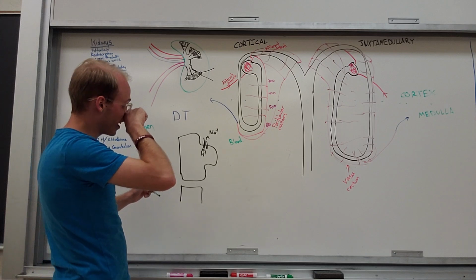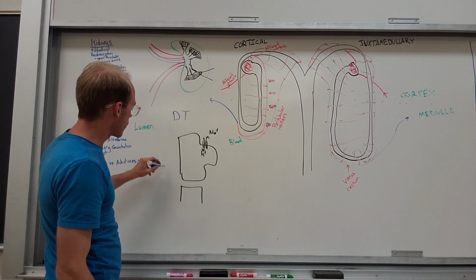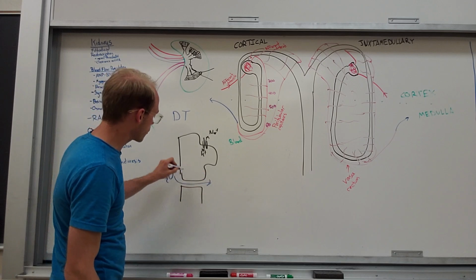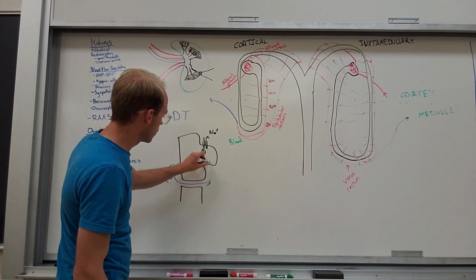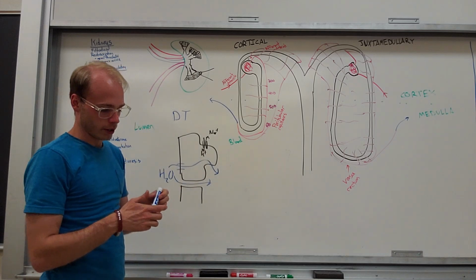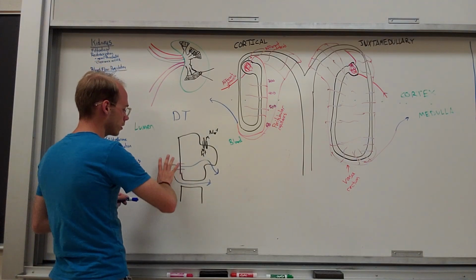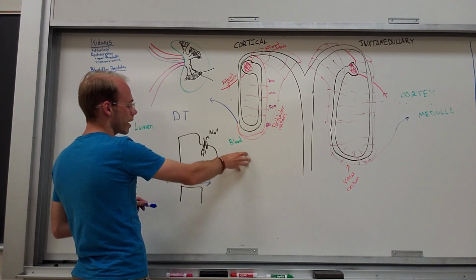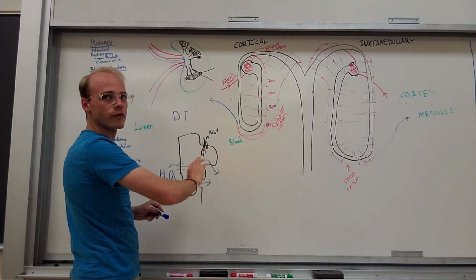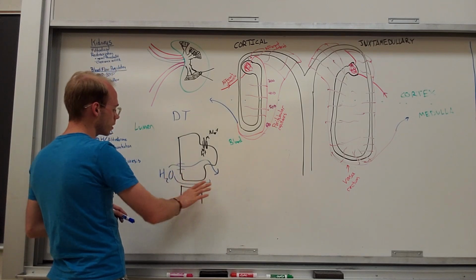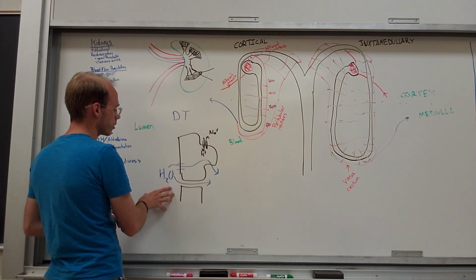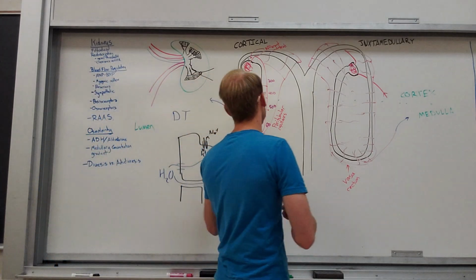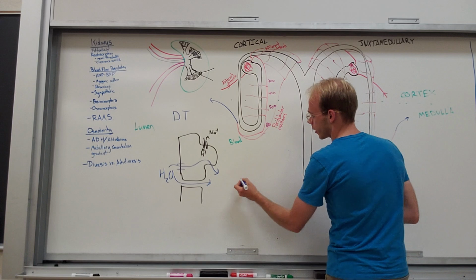And so the interesting thing is that water is going to travel through, because the only stuff that's really here is aquaporins. And so water leaves from inside the lumen, goes into the blood, because the blood has a higher concentration of solids. We moved a ton of stuff out there. And so as water leaves, but none of the solids in here can, effectively what we do is we increase our osmolarity.